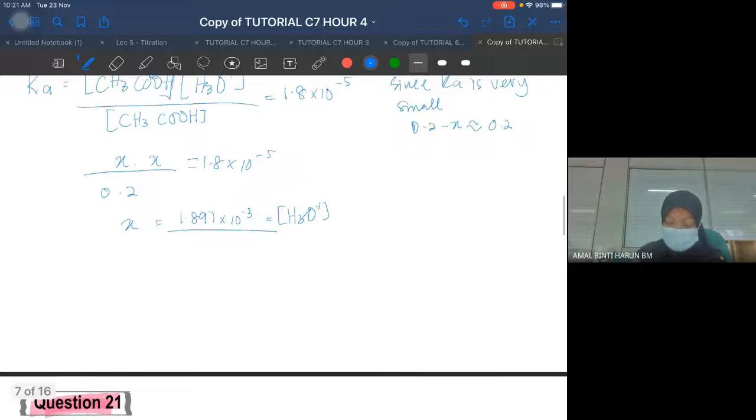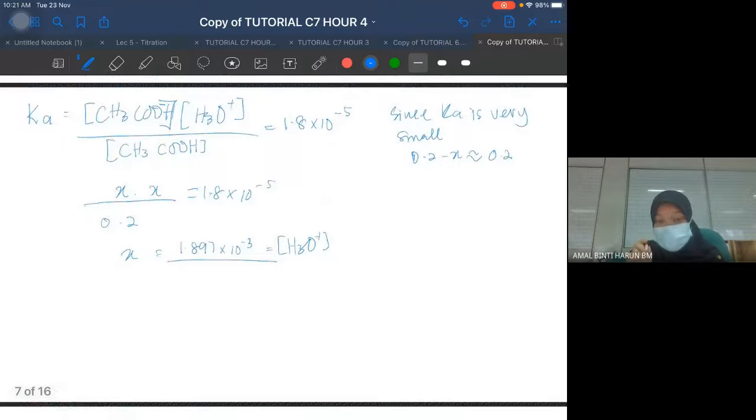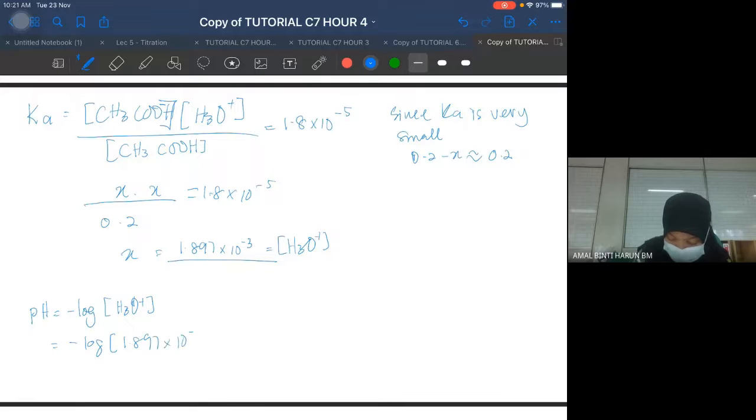Okay. So, balik pada soalan yang asal, kita nak kira dia punya pH. So, kita dah ada concentration dia at equilibrium, pH is negative log concentration hydronium ion. So, it's negative log 1.897 exponent negative 3. So the pH is 2.7. Okay, boleh. Okay, so jangan nampak soalan tu senang kan. Tiba-tiba you rasa macam dah biasa kata buffer dia buat susah, buffer susah. Padahal ni bukan soalan buffer pun. Ni adalah weak acid.